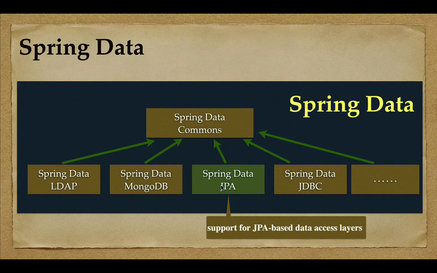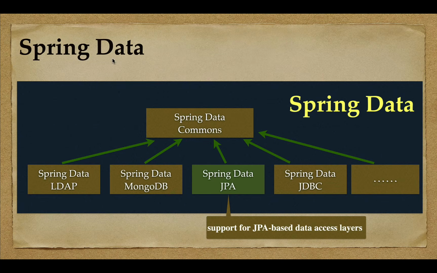Spring Data JPA basically supports JPA related DAO layers, and Spring Data JDBC basically supports JDBC related DAO layer, right? So each project has its own purpose, and in this course we will be focusing more on Spring Data JPA. It basically supports JPA based data access layers.